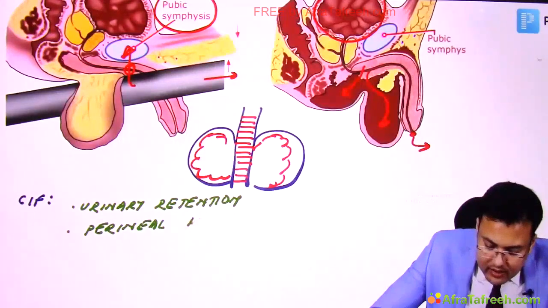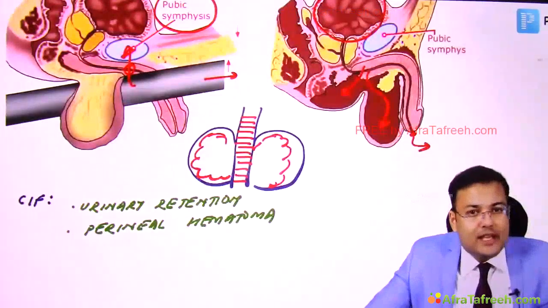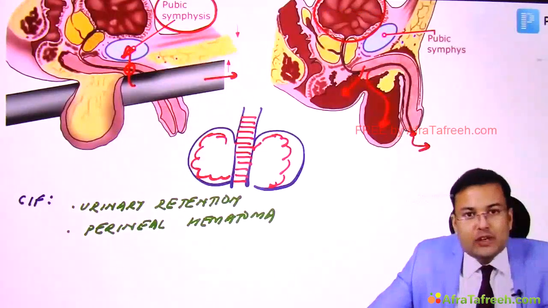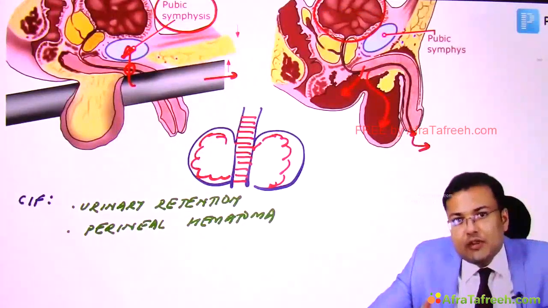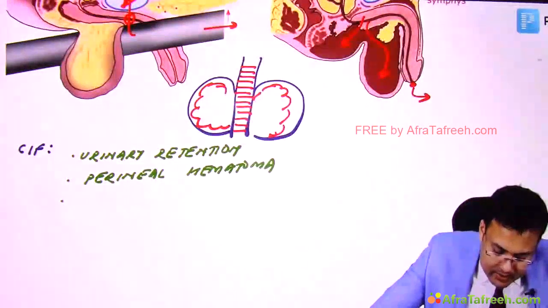See, in posterior urethral injuries, we discussed that there was pelvic hematoma. Here, perineal hematoma, what kind of? Butterfly shaped, involving shaft of penis and bilateral scrotum, and blood at meatus. So there is blood at meatus.